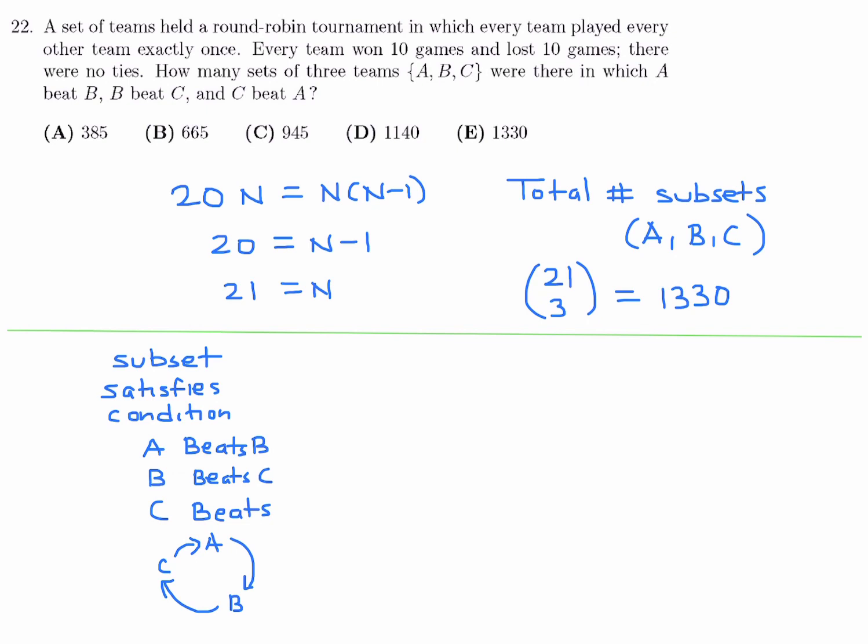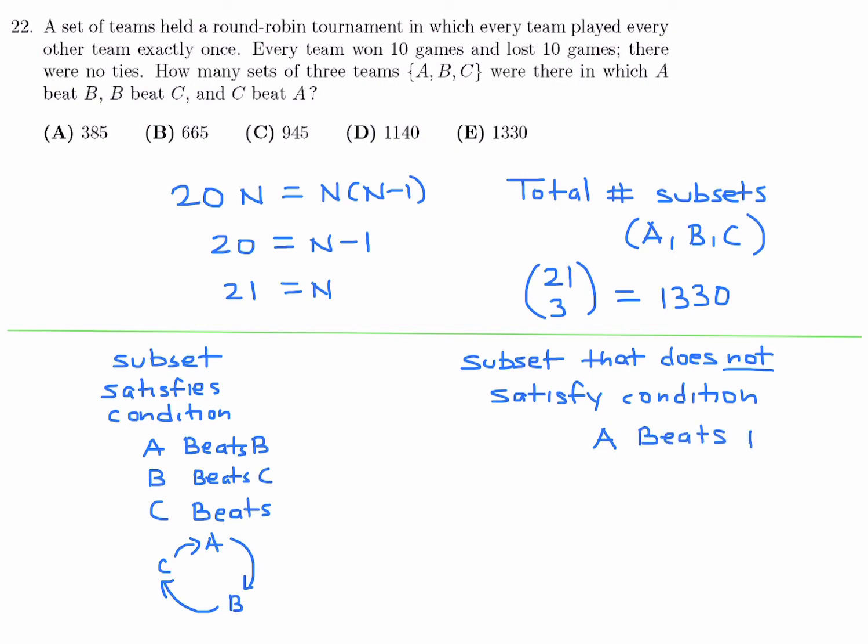And the other subset, which doesn't satisfy the condition, is any subset in which one team beats the other two teams. So for example, A beats B, but then A also beats C. So we have A goes to B and C. It beats both those teams.